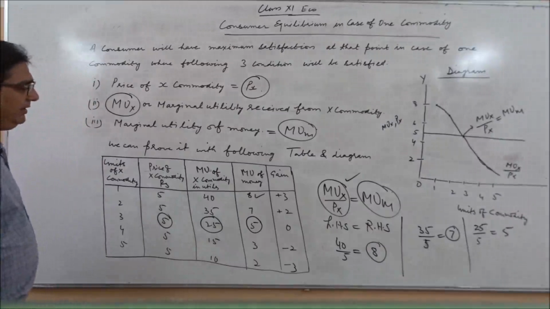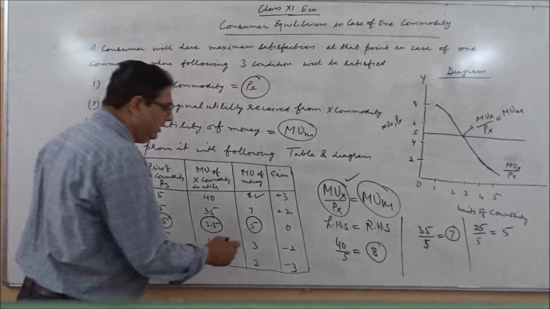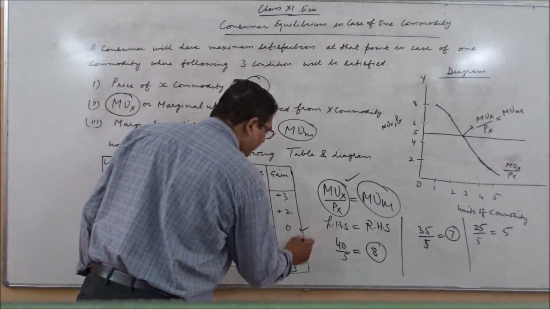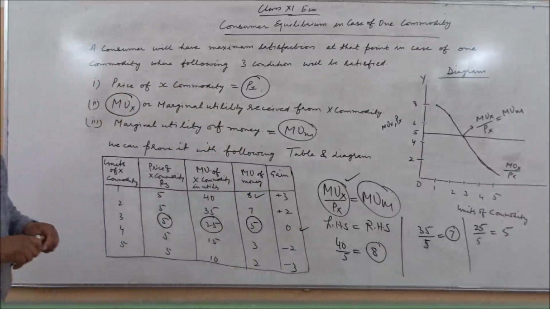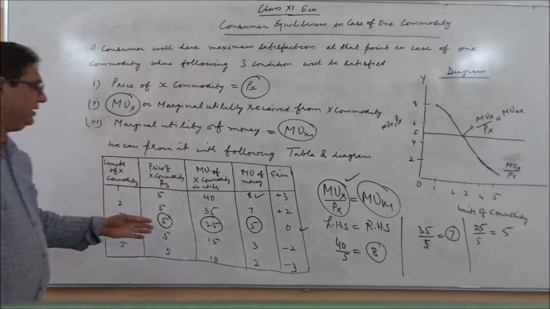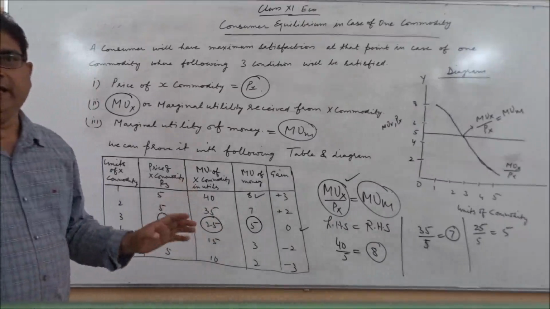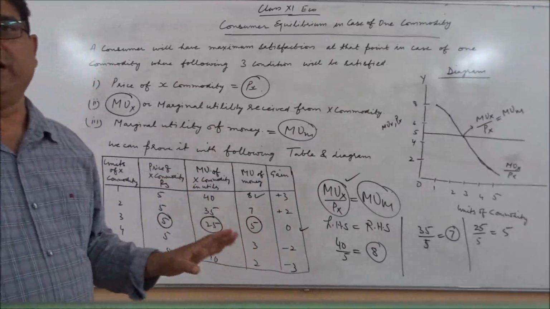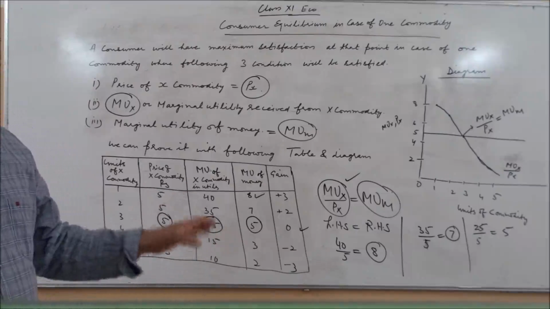So we find here that gain is 0, my dear students. The consumer is not getting any excess satisfaction from the purchase of the third unit.